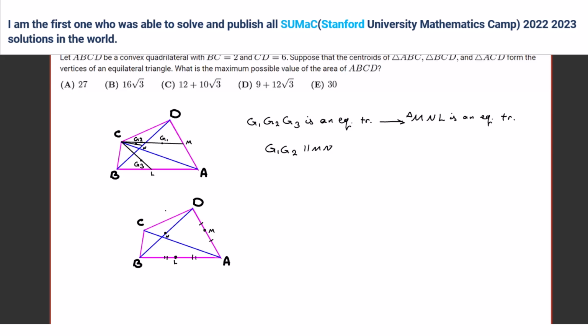We know CD is 6, BC is 2, and so on. So now we know NLM is an equilateral triangle, right? So by using NLM, all angles are 60, all of them are equal, so try to find the maximum area.